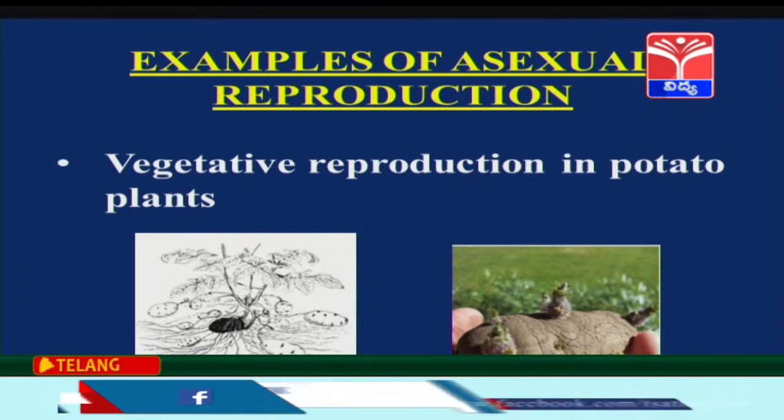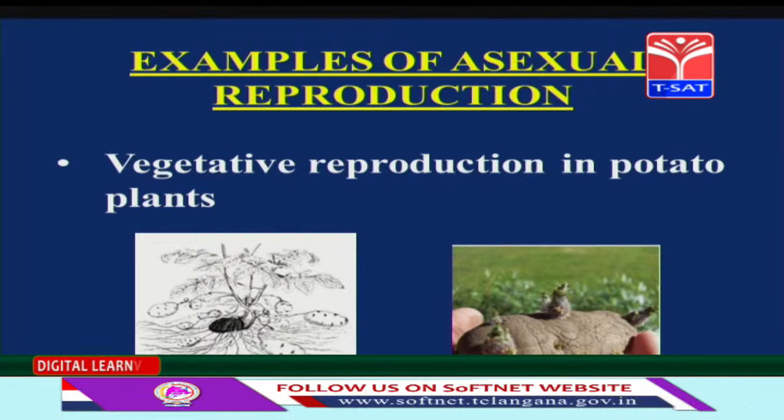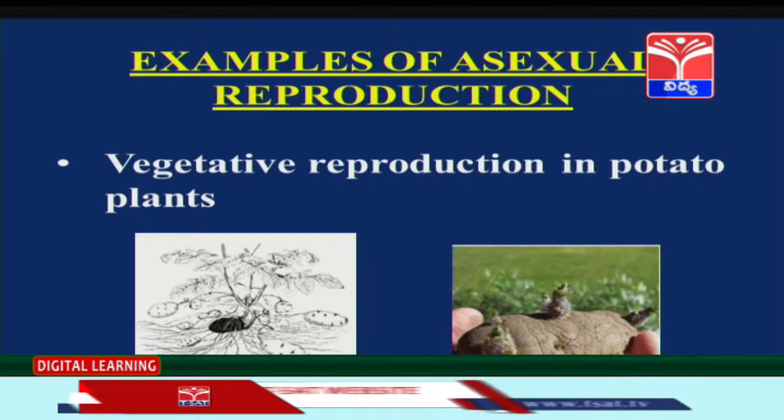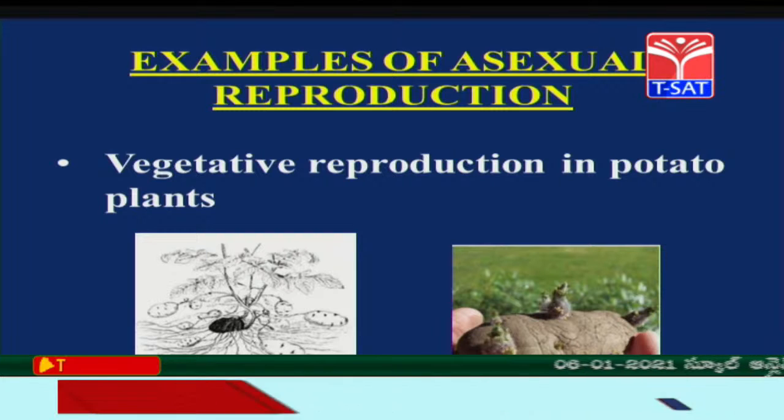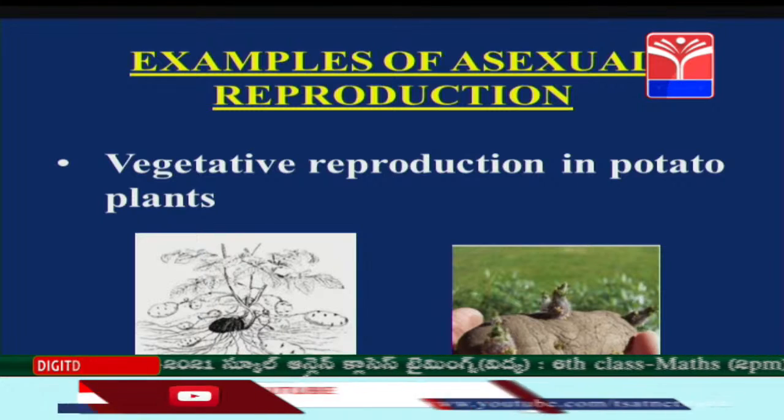What are they called? Eyes. Now if you cut that eye part and sow it in the soil, then you will get a new potato plant. So some vegetative part is helpful in getting a new plant. Potato seeds are not present, isn't it? So it is obtained from the vegetative part, and this is called vegetative propagation.